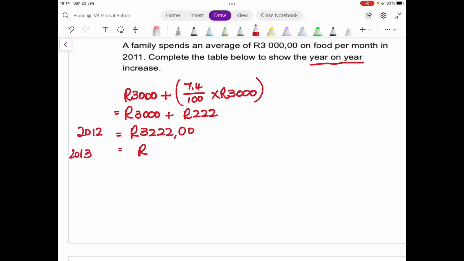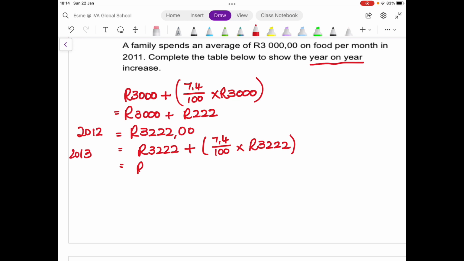To get to 2013, I would have to take 3,222 plus 7.4% of my new value, which is 3,222. Now remember, this is the same as compound interest. 7.4% multiplied by 3,222 equals 238,428.